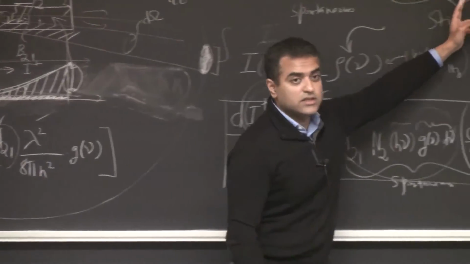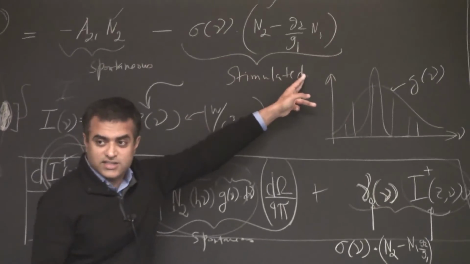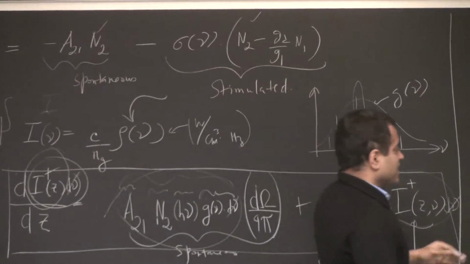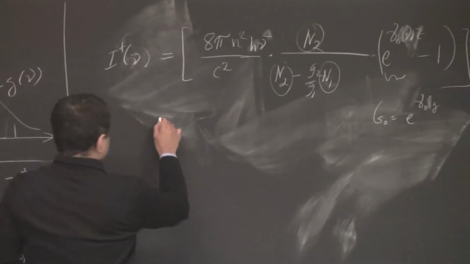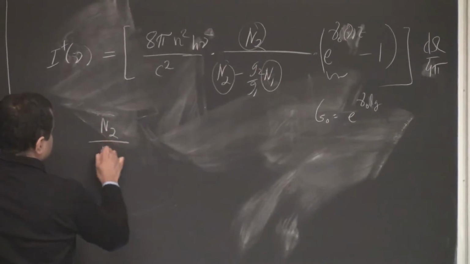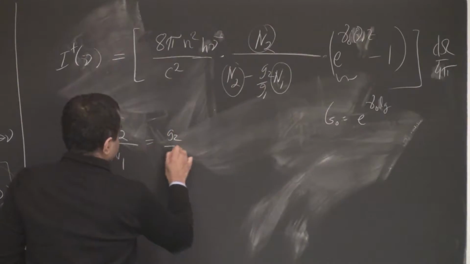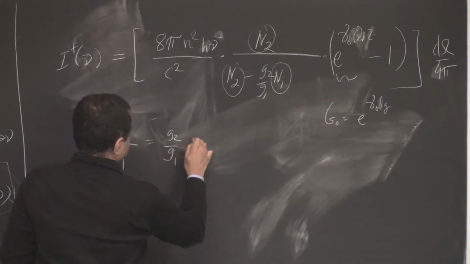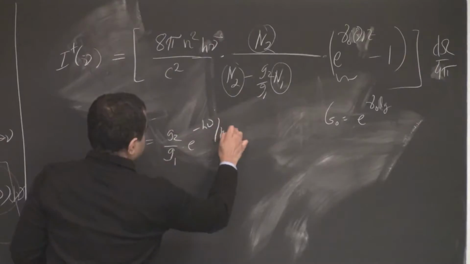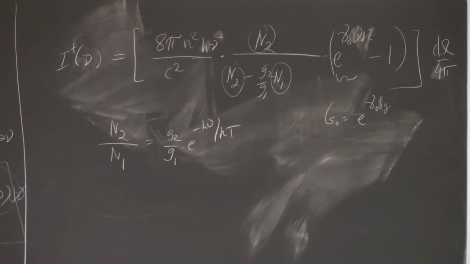It's not limited to that. You can go back and ask, what would it be if my population was thermally distributed, meaning not inverted at all, just a normal thermal distribution, thermodynamic equilibrium, the opposite of population inversion?